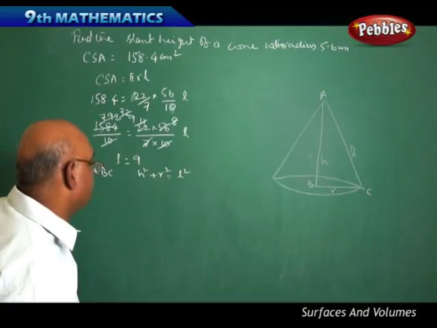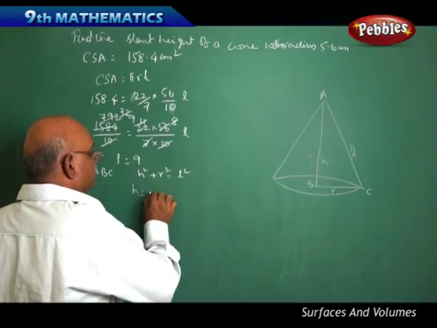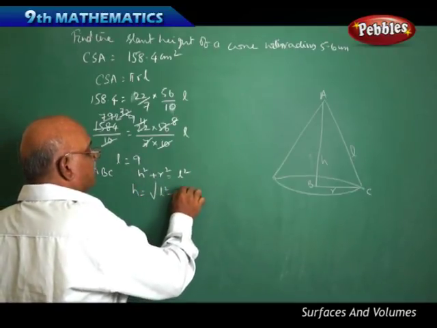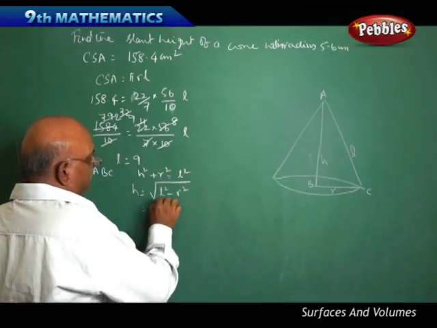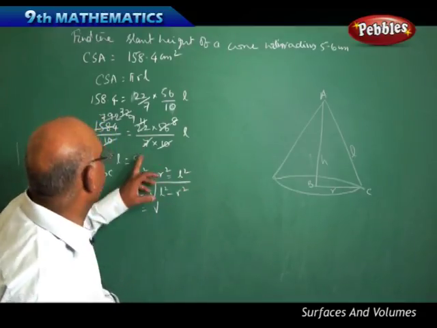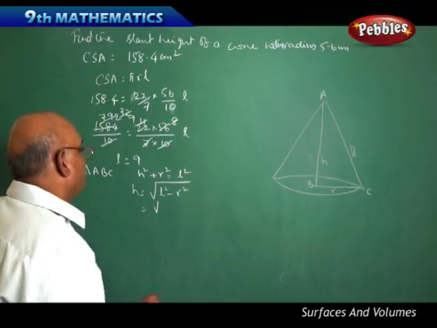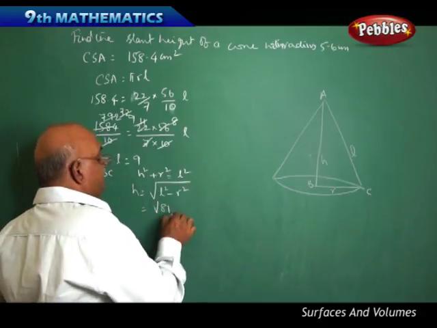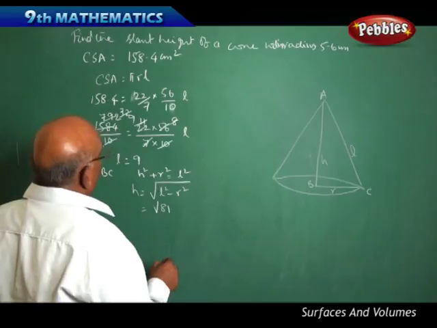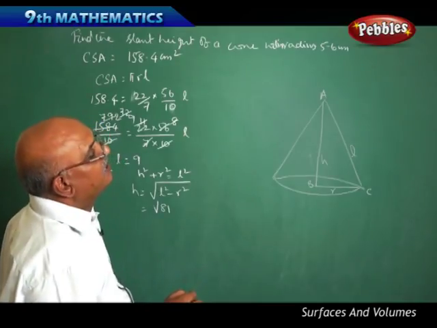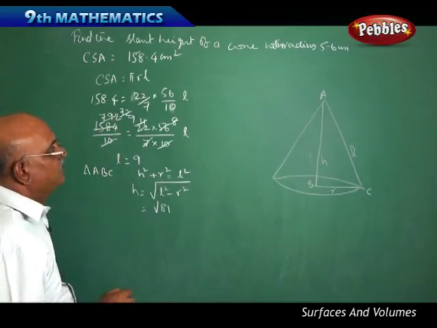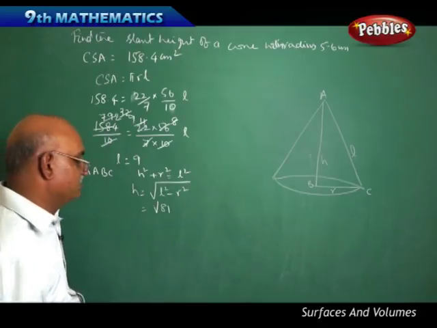We have to find h. h is equal to root of L square minus r square. L we already got as 9. Therefore L square is 81, minus r square. r is already given as 5.6 centimeters.